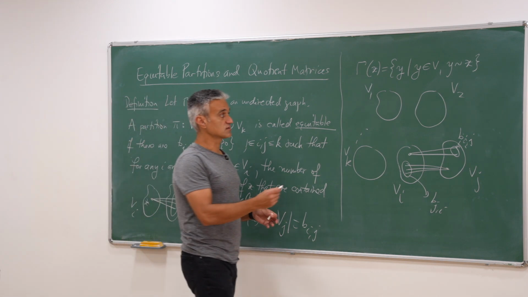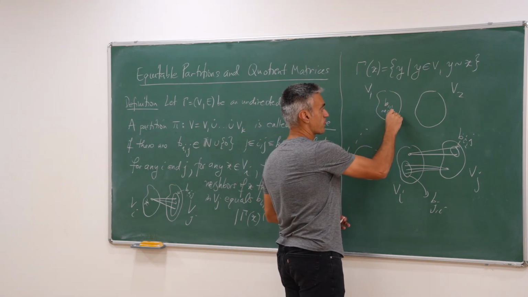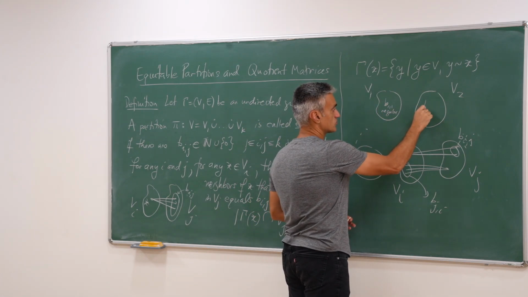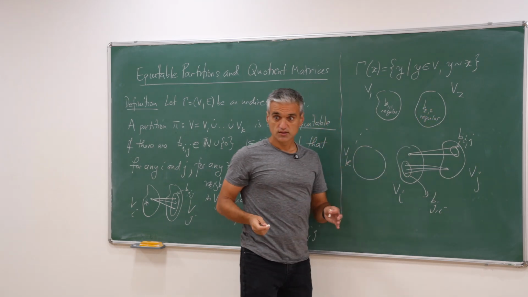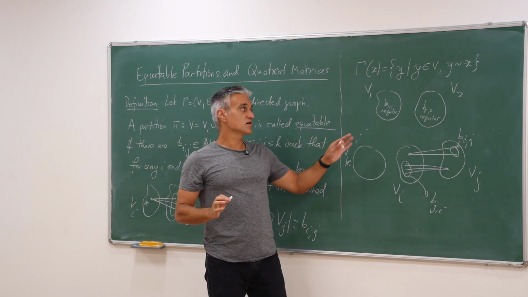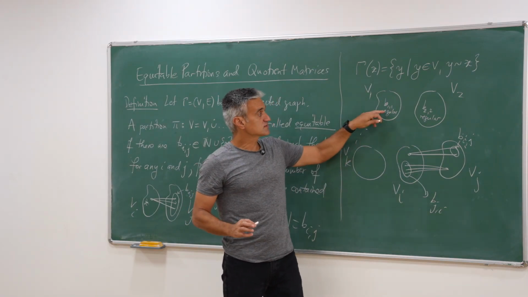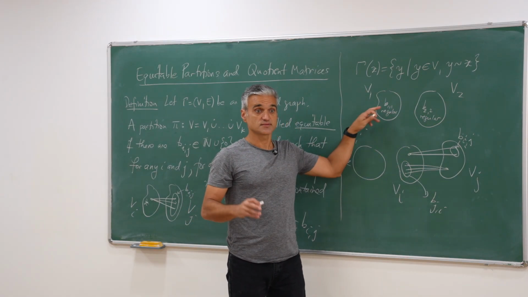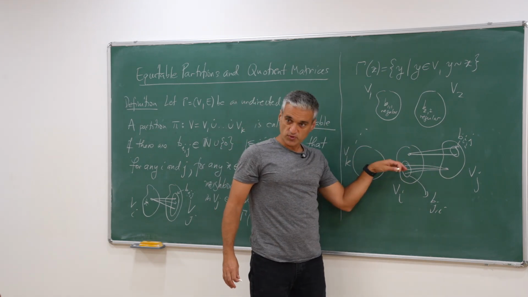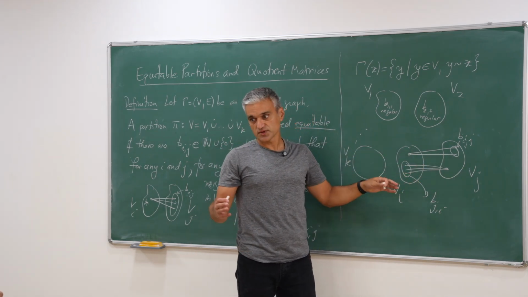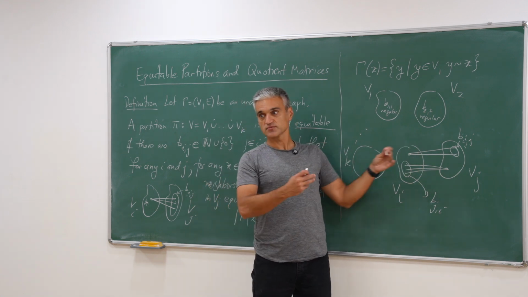So inside here this one is b11-regular, b22-regular, and so on. So an equitable partition is a partition into various blobs, inside each blob you see a regular induced graph, and if you look between any two parts you see what is called biregular. So from one side to the other the degrees are the same, and vice versa.